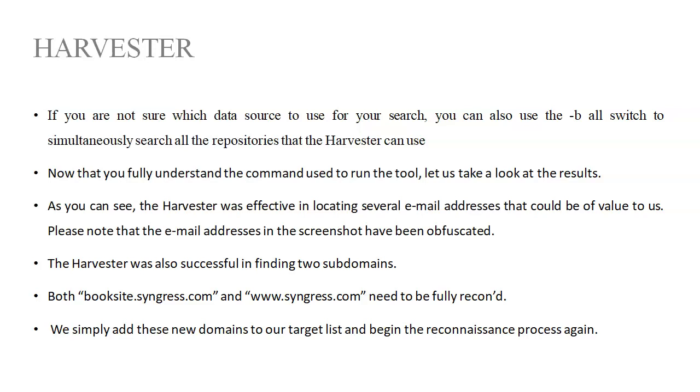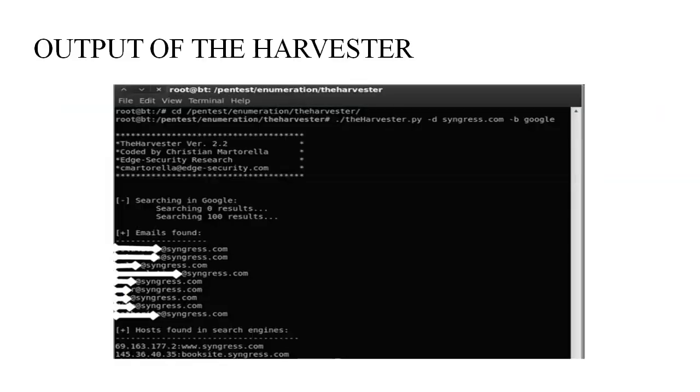Please note that the email addresses in the screenshot have been obfuscated. theHarvester was also successful in finding two subdomains, both booksite.syncris.com and www.syncris.com, that need to be fully reconned. We simply add these new domains to our target list and begin the recon process again. This is the output of theHarvester.